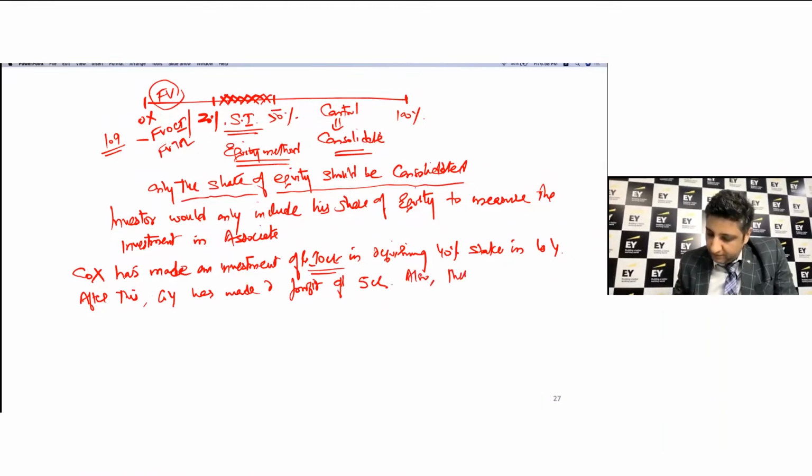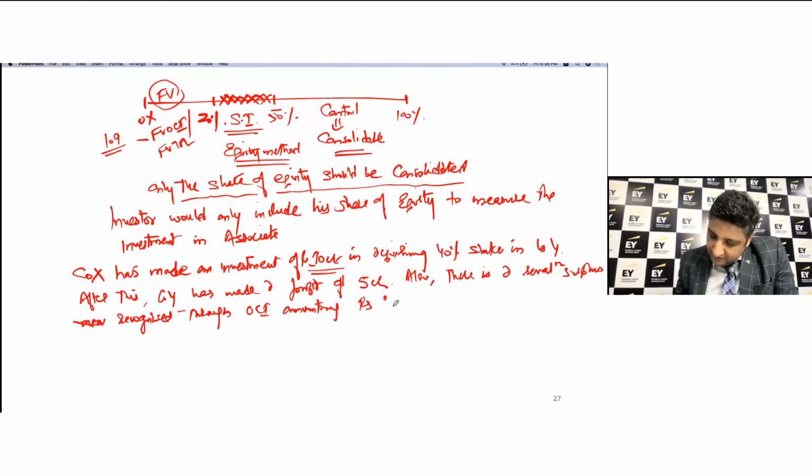Also, there is a revaluation surplus, recognized through the OCI, the other comprehensive income, amounting to rupees 3 crores.